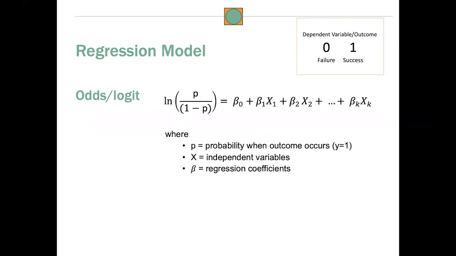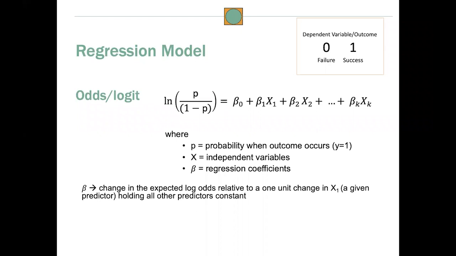The regression coefficients, or the odds derived from the model, which is our beta, tell us the change in the expected log odds relative to a 1 unit change in X, which is our predictor, holding all other predictors constant. Or you can interpret it as the predicted change in logits per unit change in a given predictor, controlling for other predictors or covariates in the model.